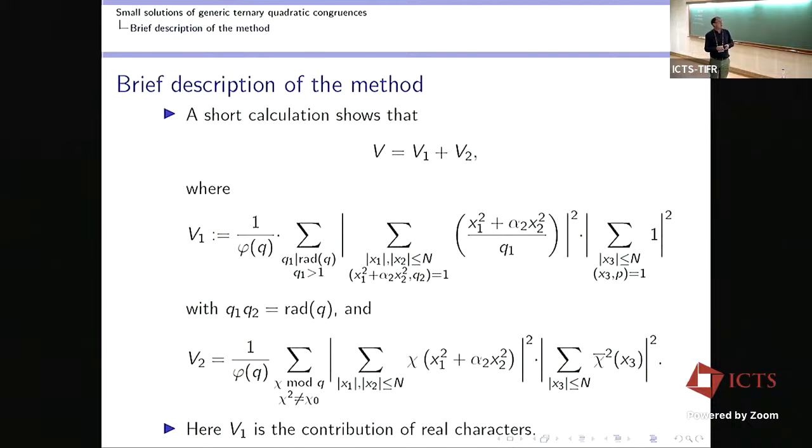Here we use the Burgess bound, and here we have this sum inside, for which we use exactly Heath-Brown's result, namely bounding short character sums with binary quadratic forms. So a character of a binary quadratic form, where the variables run over short intervals. Very interesting stuff.